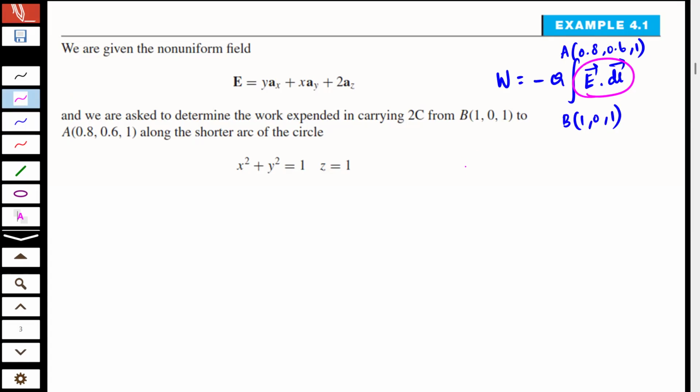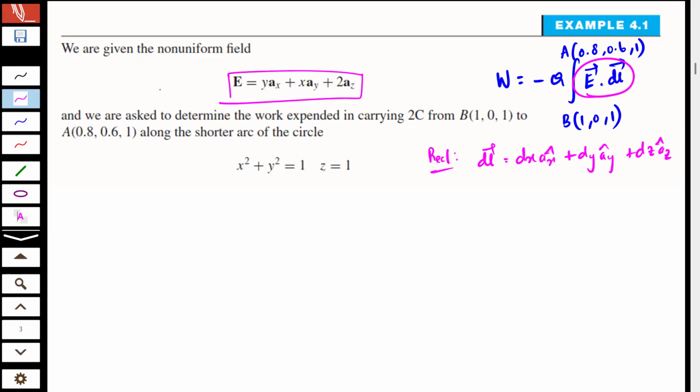So let us consider here in this case, the vector E is this. For a rectangular system, we can write dl vector as dx ax cap plus dy ay cap plus dz az cap. Now the vector E is given. We have to take the dot product between vector E and dl.